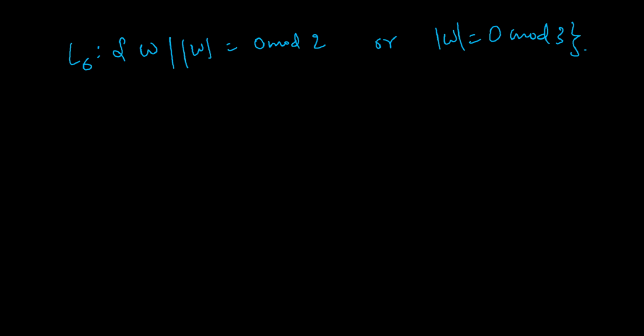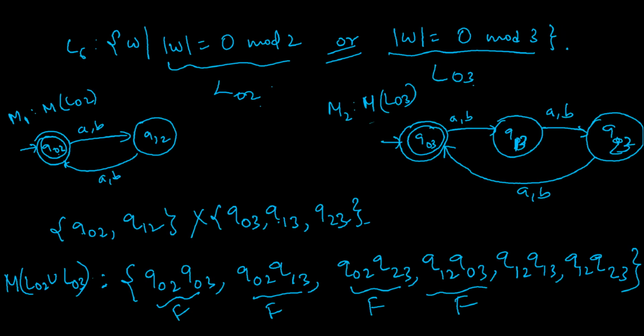So L6 is W such that length of W is equal to 0 mod 2 or length of W is equal to 0 mod 3. So just think you have not heard this.